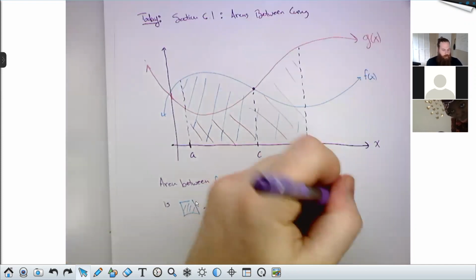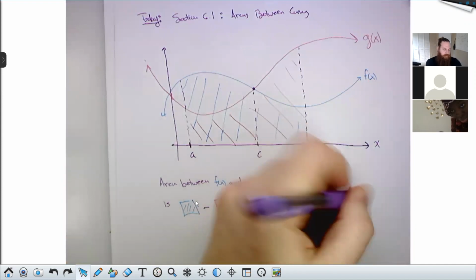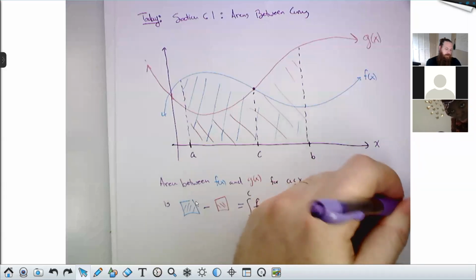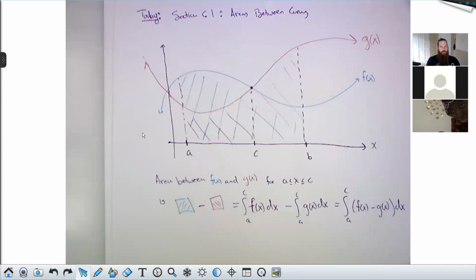But I can put this together into one integral, the integral from a to c of f of x minus g of x. So if I'm looking just from a to c, if I want the area between the red and the blue, I take the area that comes from the blue function and subtract the area that comes from the red function. That's all of this, minus the stuff that's just under the red. And you can put that together into a single integral like this. Blue is f, red is g.